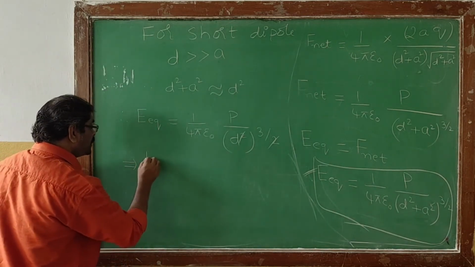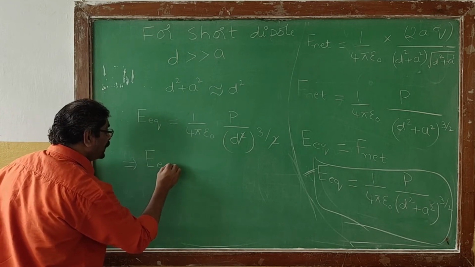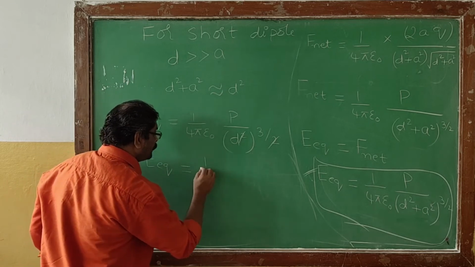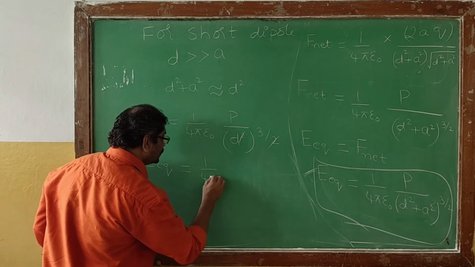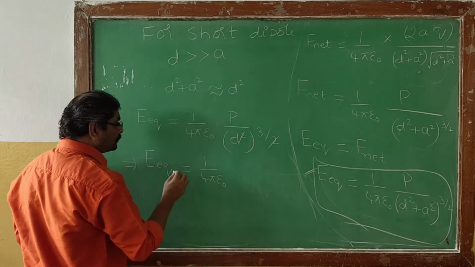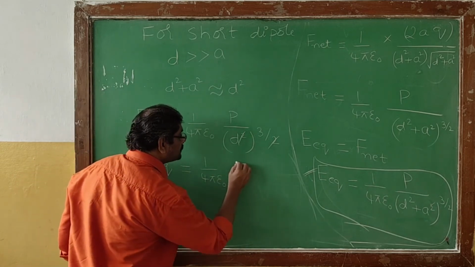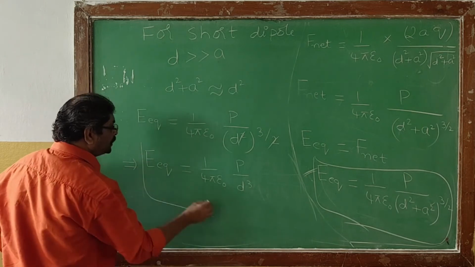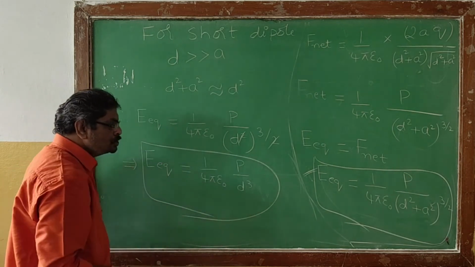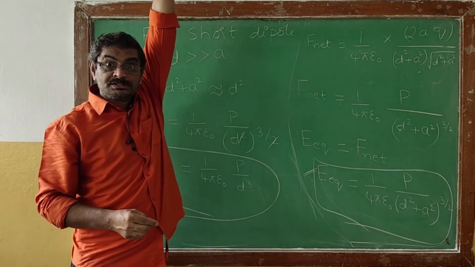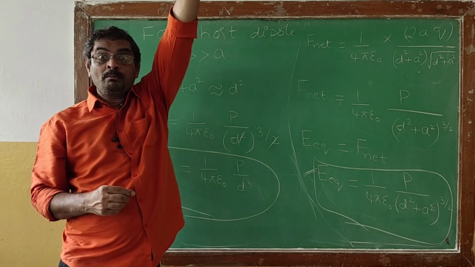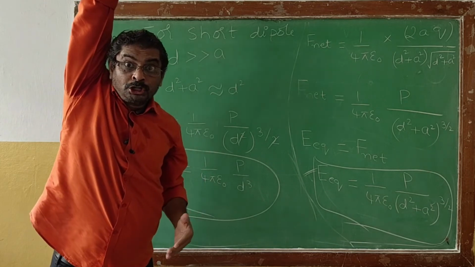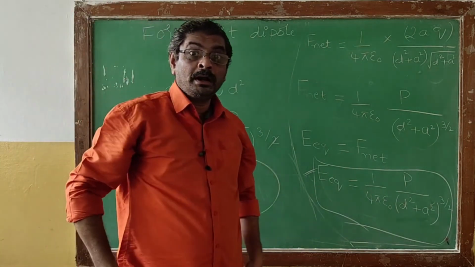That's the reason why the electric field on the equatorial line is given by the formula 1 by 4 pi epsilon naught, P divided by d cube.